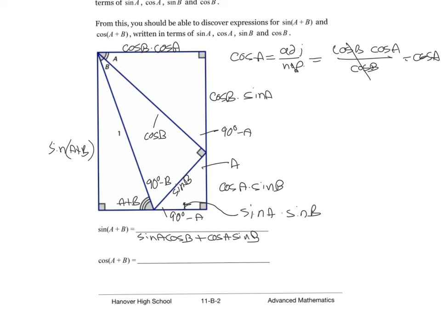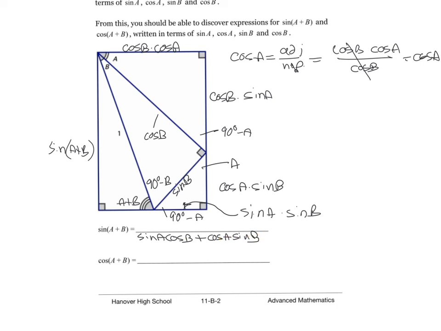So sine of the sum of two angles, sine of the sum of A plus B, is identical to taking the sine of the first times the cosine of the second, and then adding to that the cosine of the first times the sine of the second.